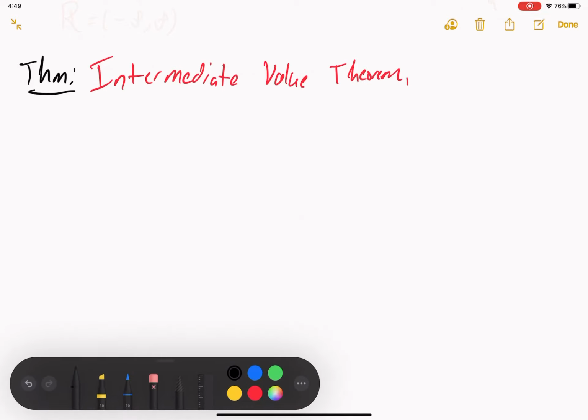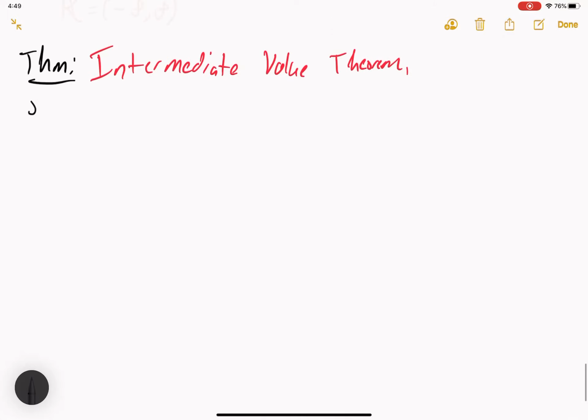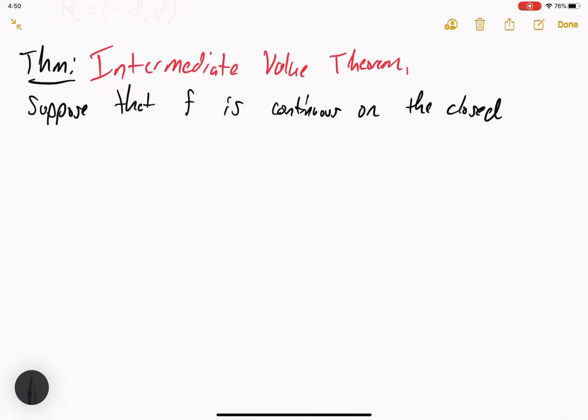So the first thing that we need is a continuous function on a closed interval. Suppose that f of x is continuous on [a, b]. I want to specify that this is a technicality. When I say closed, it means including the endpoints. So closed interval [a, b].